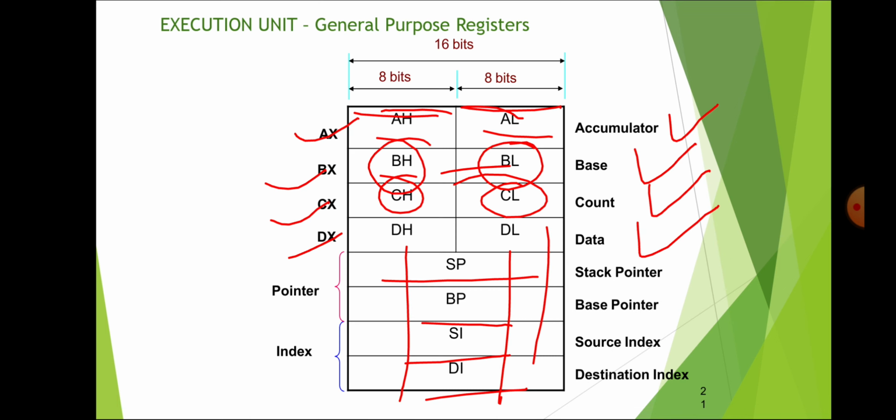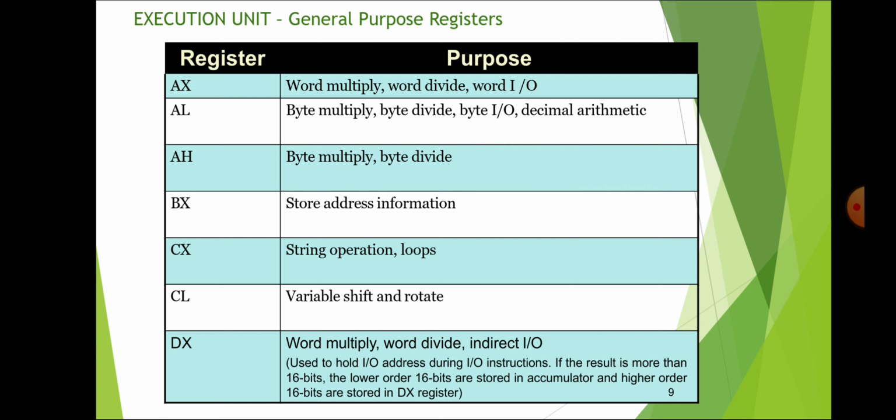These are nothing but different registers, called general purpose registers, because the programmer can use them. He can save data, remove it, or do different operations using those registers.